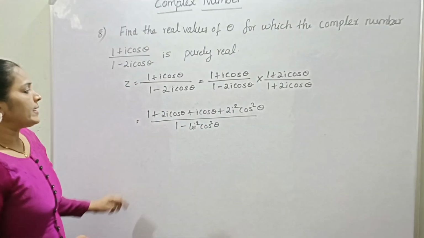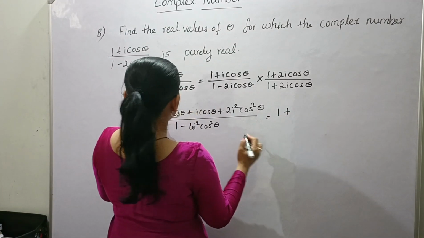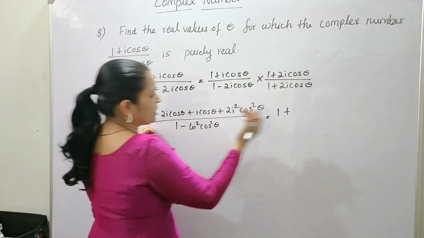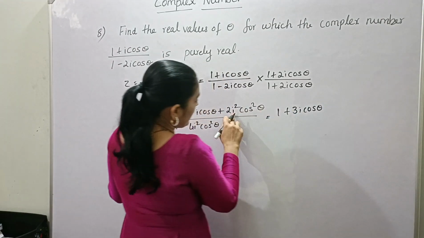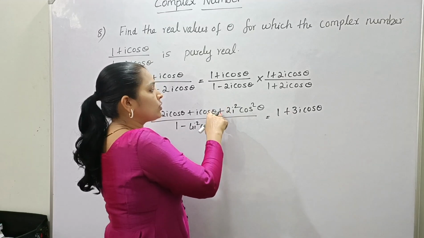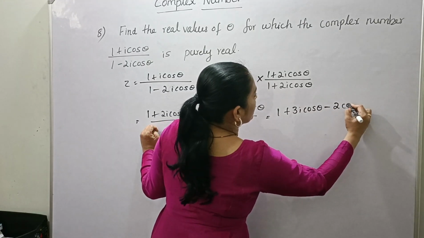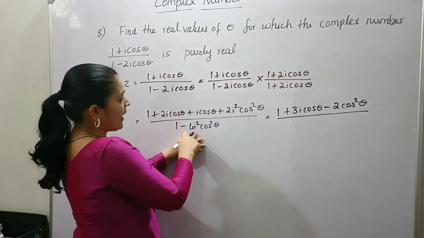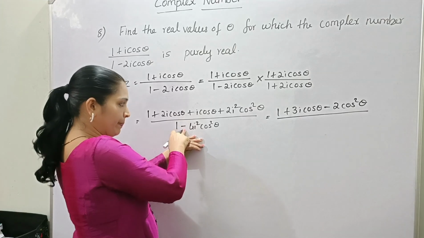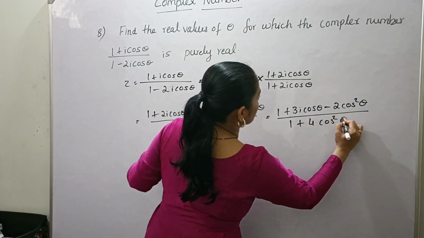Okay, that is here 1 plus 2i cos theta plus i cos theta, 3i cos theta. Here i square value is minus 1, so this plus will become minus, so minus 2 cos square theta, divided by, here i square is minus 1, so it will become plus, so 1 plus 4 cos square theta.